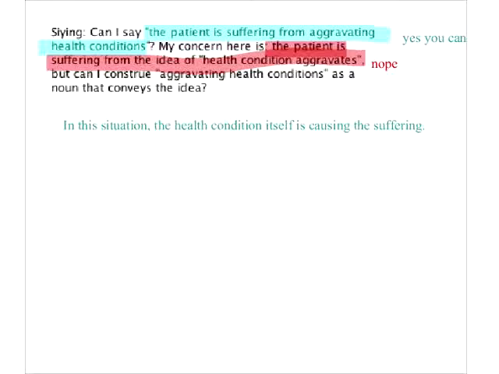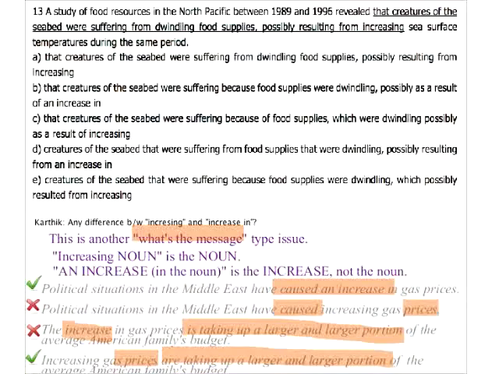Okay, there's a couple other people typing stuff. Katie, no, because that's still the supplies. Even though the supplies are dwindling, the supplies are not causing the problem. It's kind of like the second sentence out of these four, in response to Katie's question.